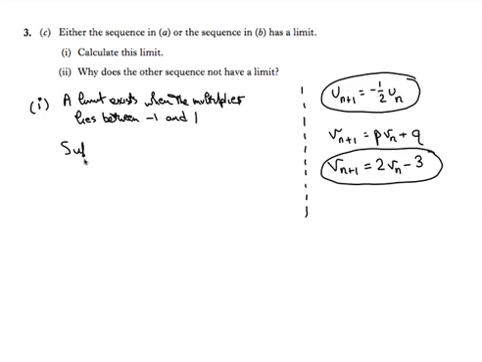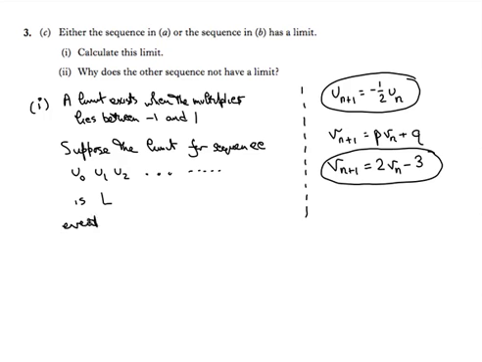And let's suppose the limit for sequence U0, U1, U2 is L. So eventually, by way of explanation, this sequence will become nothing but a row of the same number.